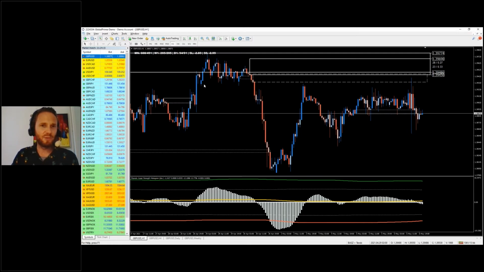So maybe the bank has to buy a little bit more to drive price higher to reach the other orders that are slightly bigger and fill those, because you have to drive the price higher to fill sell limits. A sell limit is essentially an order that's sitting in the market at a specific price point. Once price reaches that price point, the order is filled, it's executed, and then you are taken into the trade.